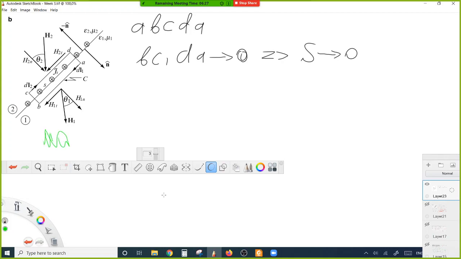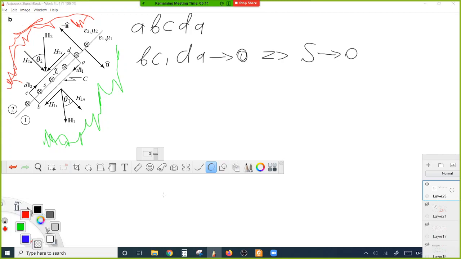This is medium 1, or material 1, and on this side is medium 2, or material 2. As we can see from the picture, the direction of integration is this, and the tangential component of magnetic field intensity is this. For material 1, the directions coincide with each other. For material 2, directions are opposite.